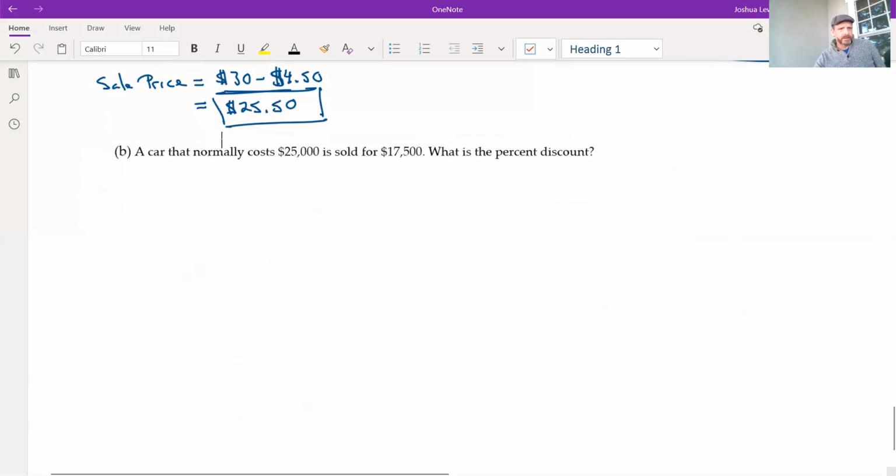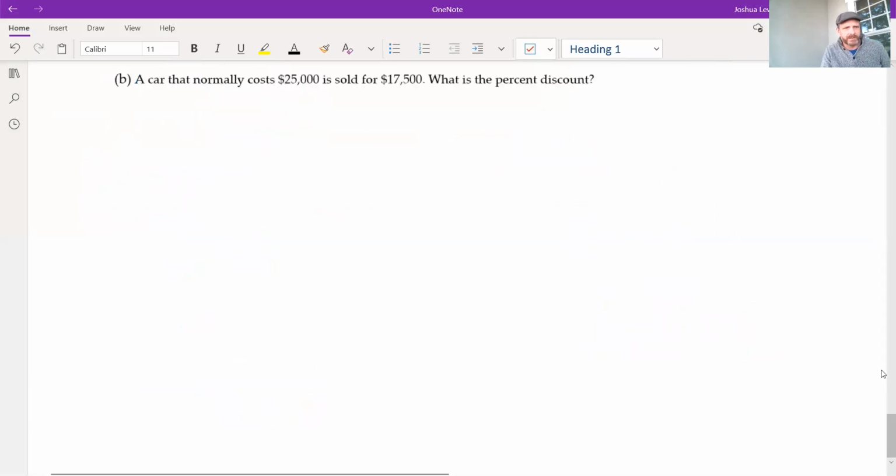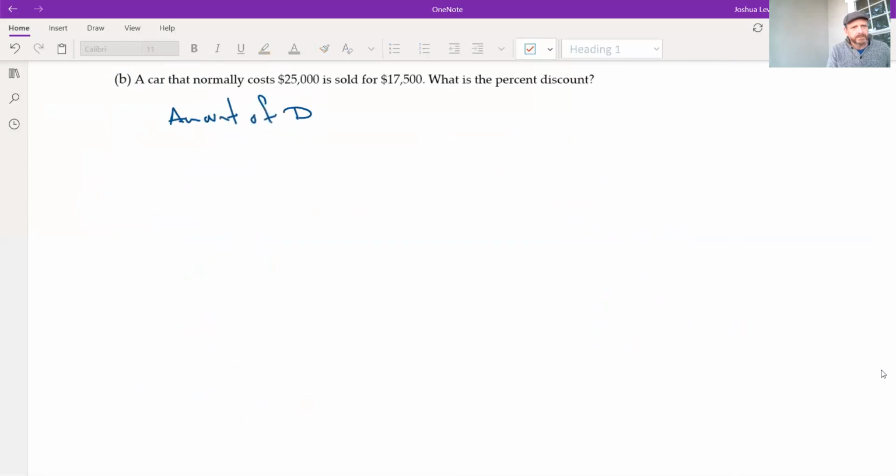All right. A car that normally costs $25,000 is sold for $17,500. What is the percent discount? Well, let's see. We could say this. We know the amount of the discount. How would you find that? Well, we know what it normally sells for, and we know what it actually sold for.